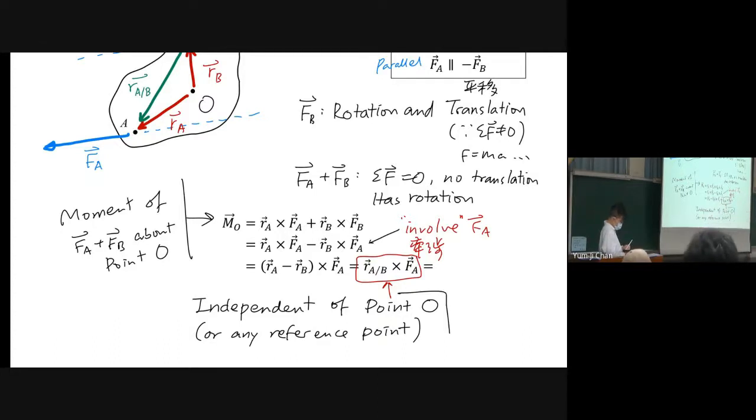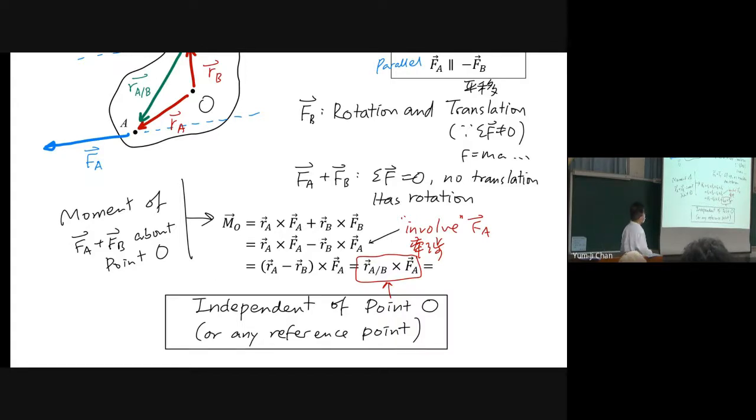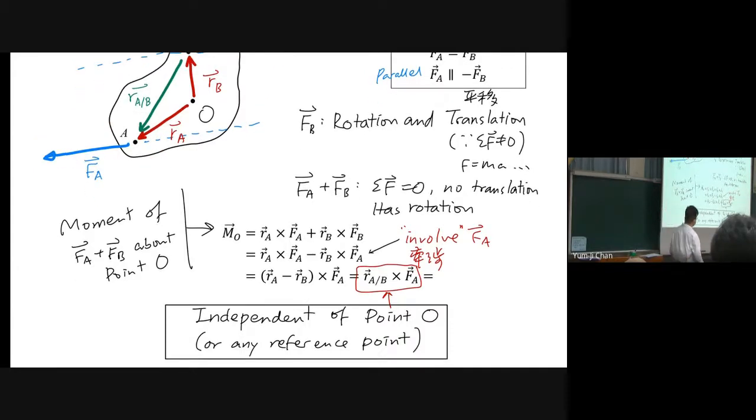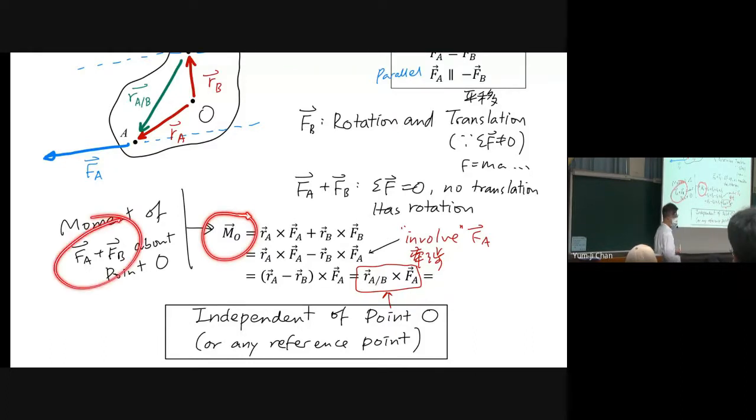Is that okay? We are dealing with a pair of forces. We have two forces, and they're going this way. In this case, the moment of FA plus FB is independent of point O or any other reference point.